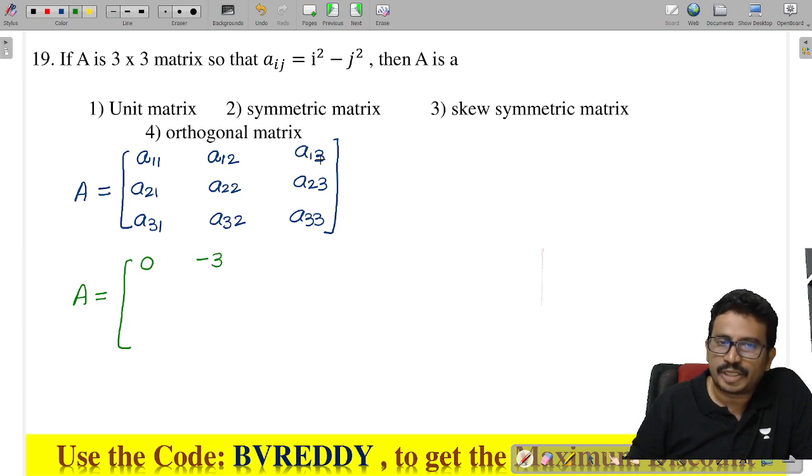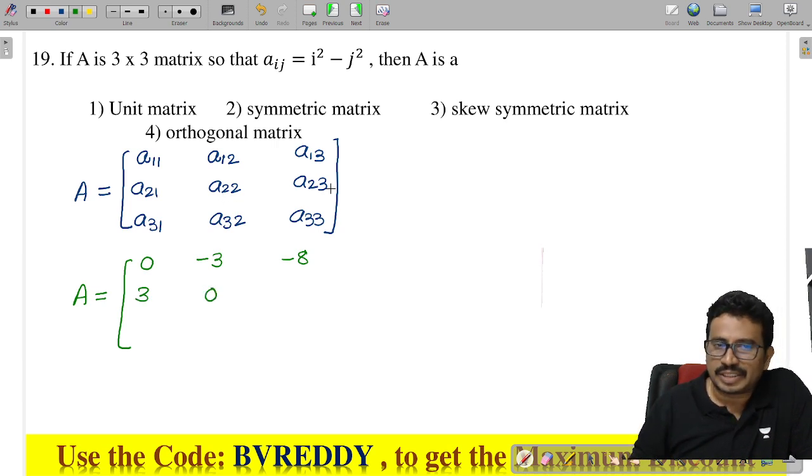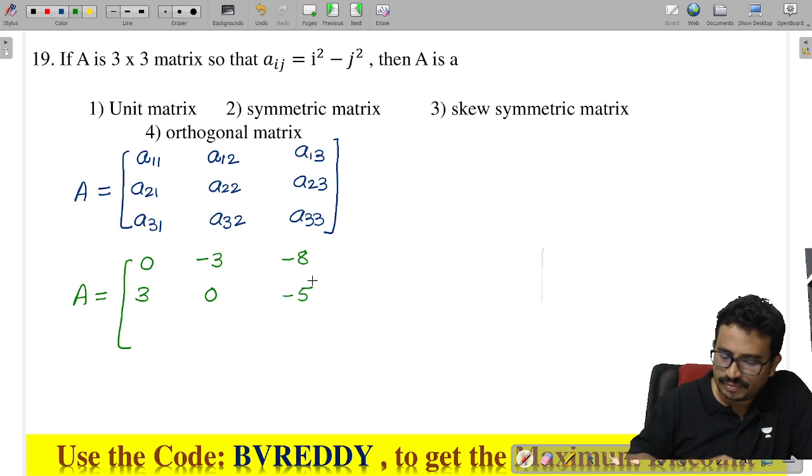Here 1 square minus 3 square, that is minus 8. 2 square minus 1, 4 minus 1, 3. 4 minus 4, 0. 4 minus 9, which is equal to minus 5. And 3 square minus 1, so that means plus 8. So 9 minus 4, that is plus 5, and 0.